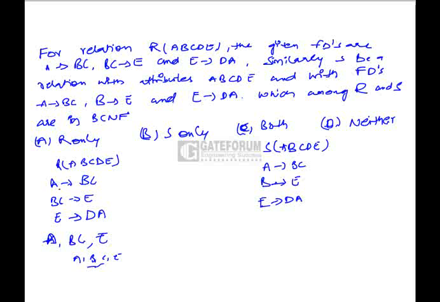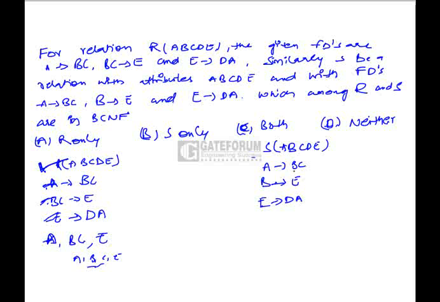Here all the left sides are candidate keys, so A, BC, and E are all candidate keys. So R satisfies BCNF conditions. So R is in BCNF.